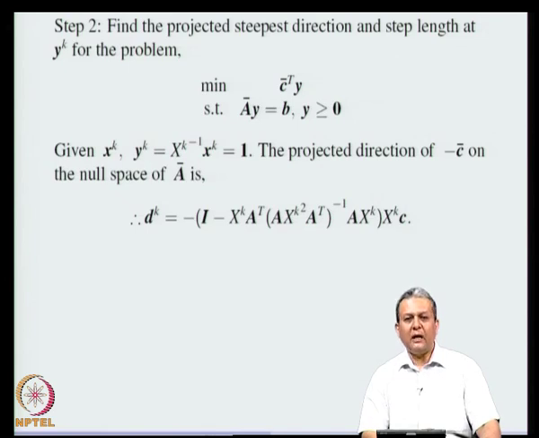So, this will be the direction along which one can make a movement while retaining feasibility, but then how much movement can be made along the direction d^k so that we do not cross the feasible set boundary? That is the next question that we would like to answer.